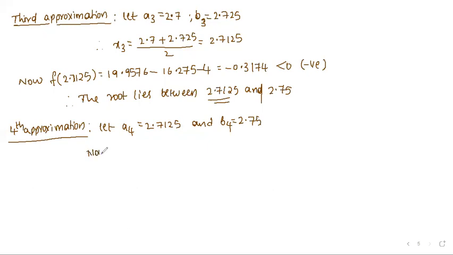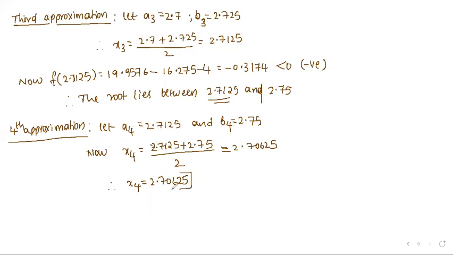Now x4 fourth approximation కాబట్టి 2.7125 plus 2.75 divided by 2 x4 we get 2.70625 అంటే therefore x4 is equal to 2.70625.